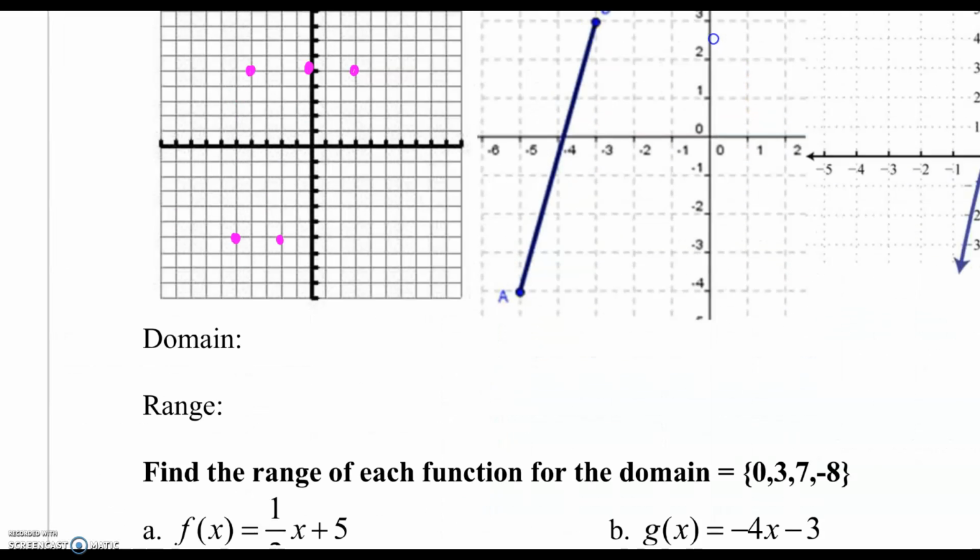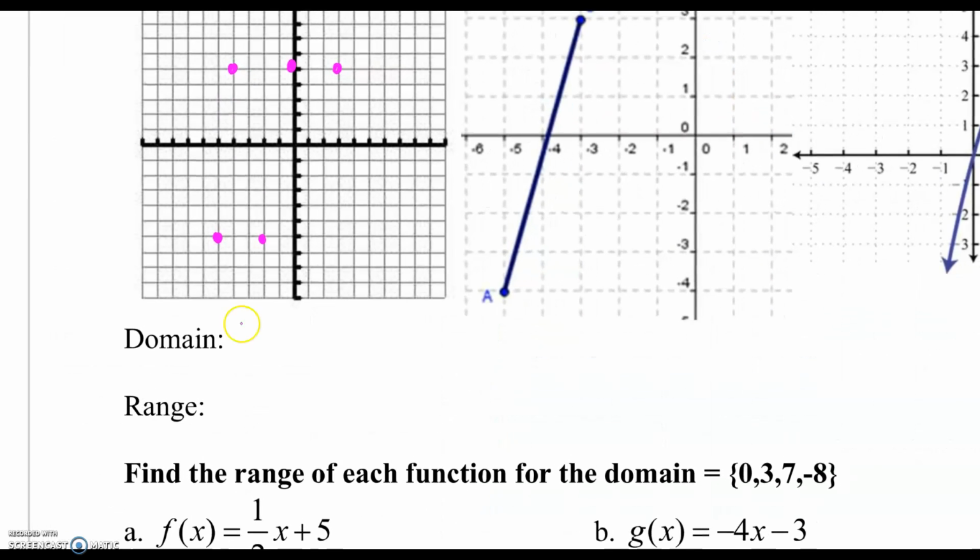Now the domain and range are just the same as before. In this case, for the domain, we use the set notation because it's a list. Say -4, 3, 0, -2, -5.